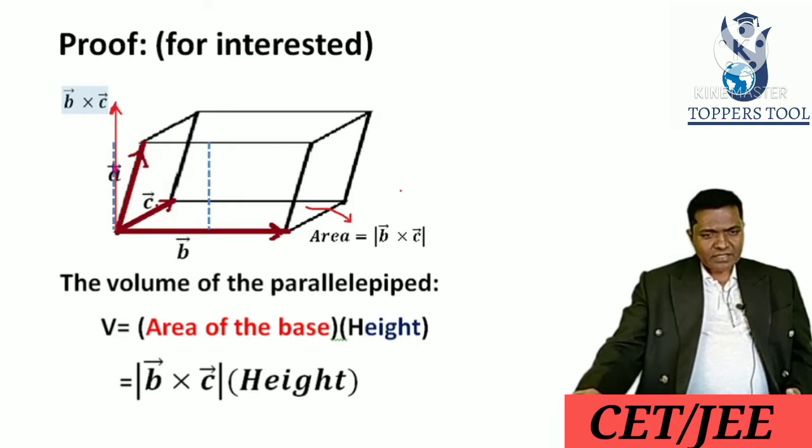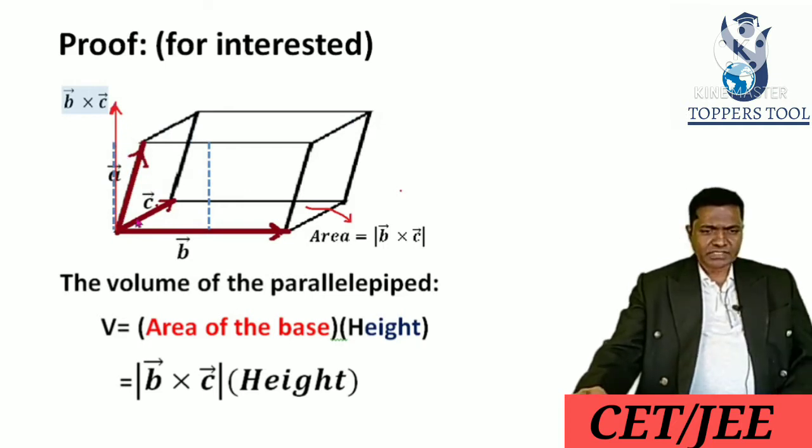This height is nothing but the projection of vector A on this vector. And what is this vector? It is vector B cross C, because B cross C is perpendicular to both vector B and vector C.